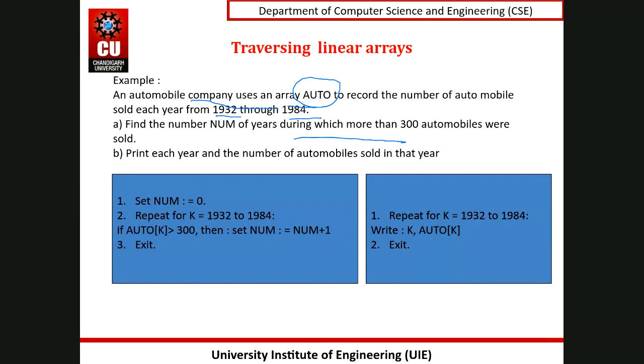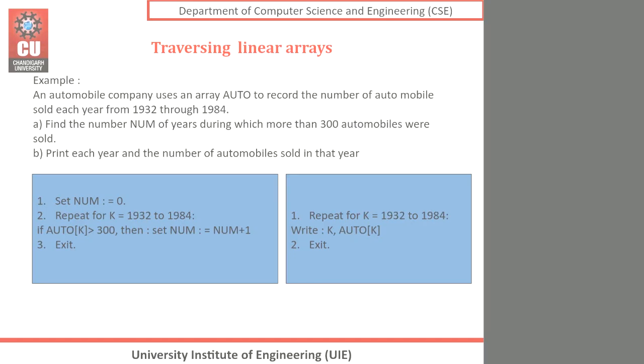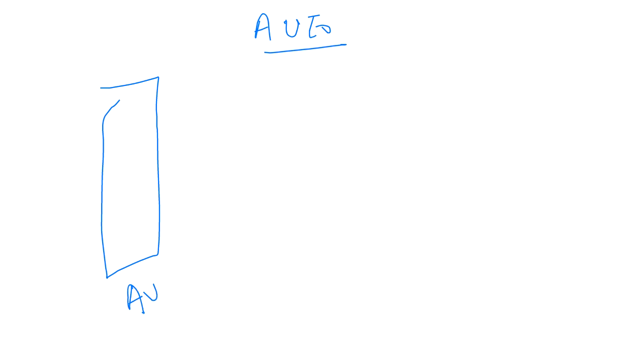See, let me share my whiteboard. There is a company which has created an array called auto. It starts from 1932 and goes up to 1984, and it stores the number of automobiles sold in each year.